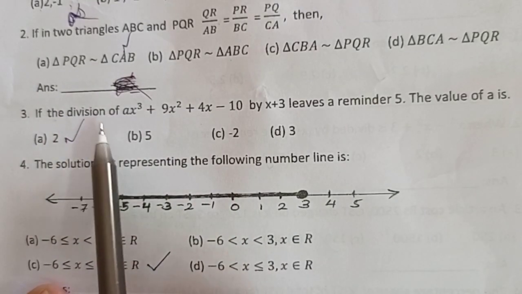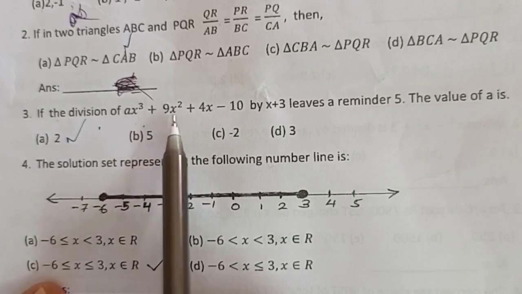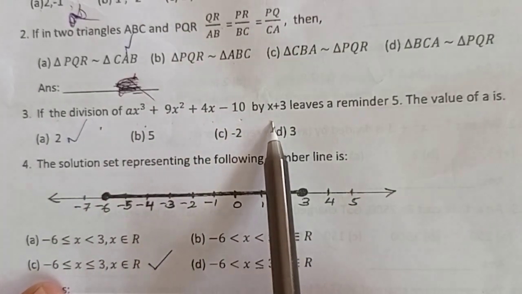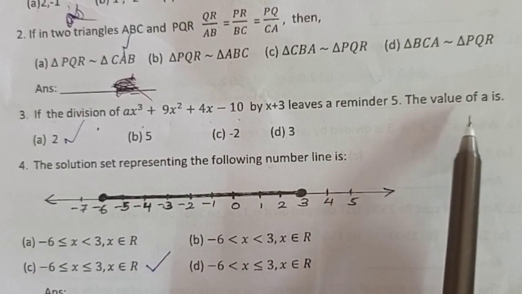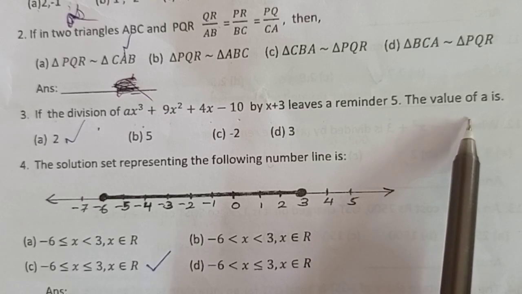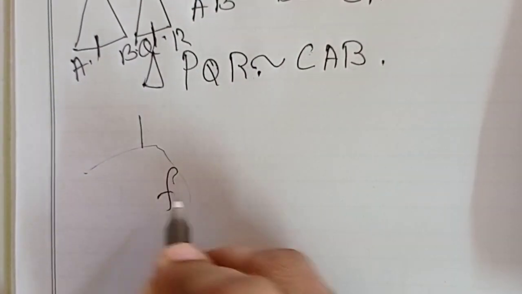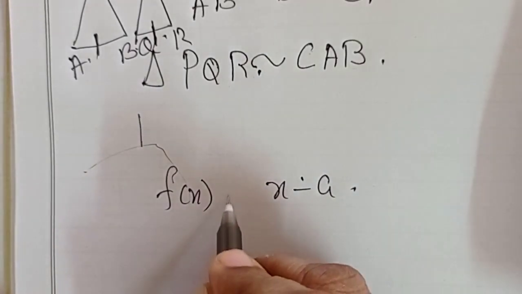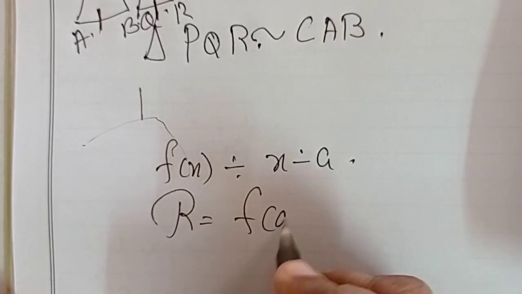Copy the third question. If the division of ax cube plus 9x square plus 4x minus 10 by x plus 3 leaves a remainder 5, the value of a is. I will explain that chapter. Remainder theorem says, when you divide a polynomial f(x) by x minus a, the remainder is f of a.